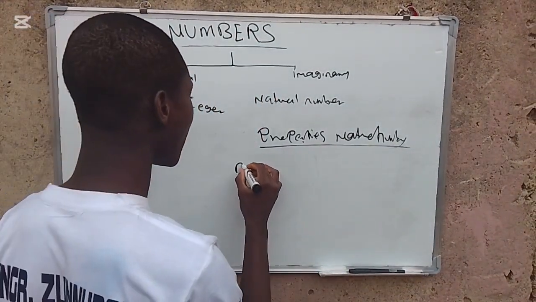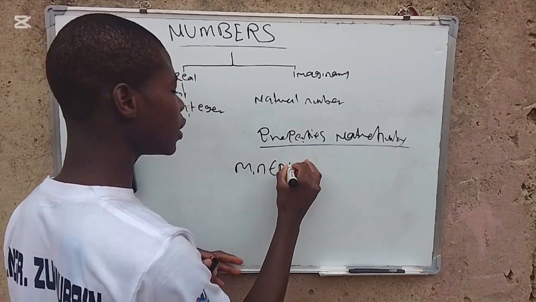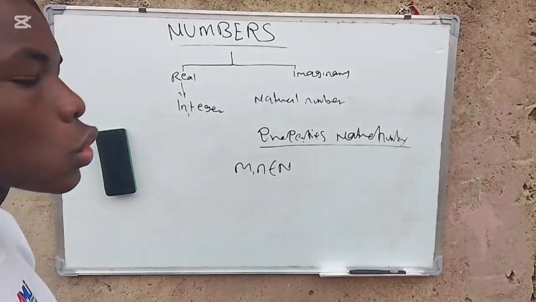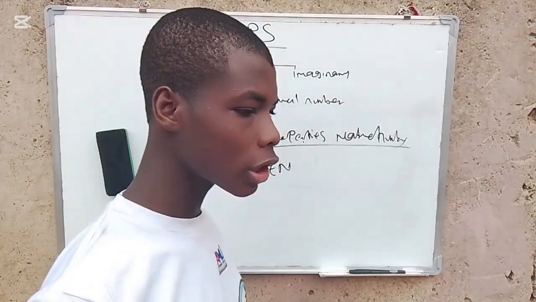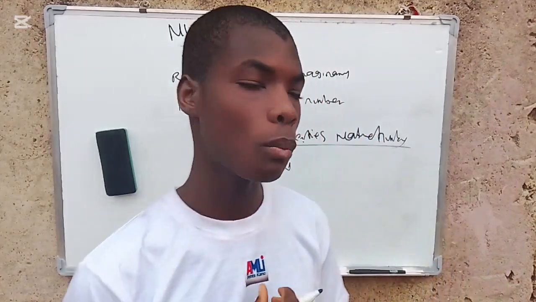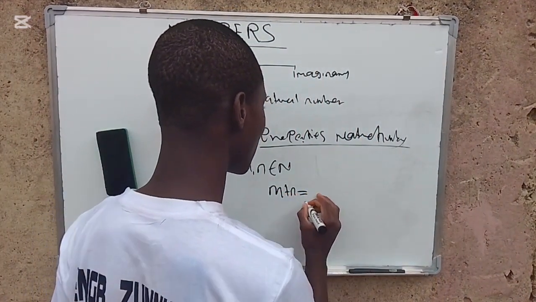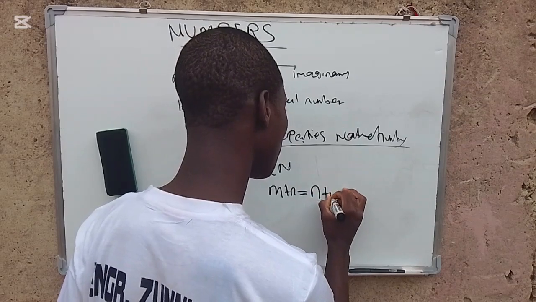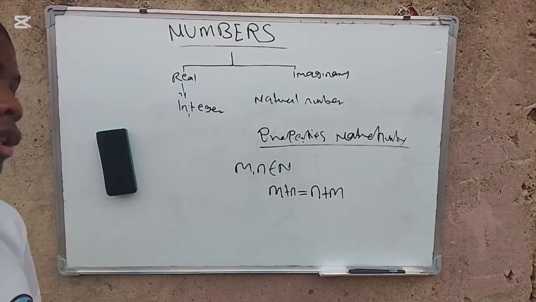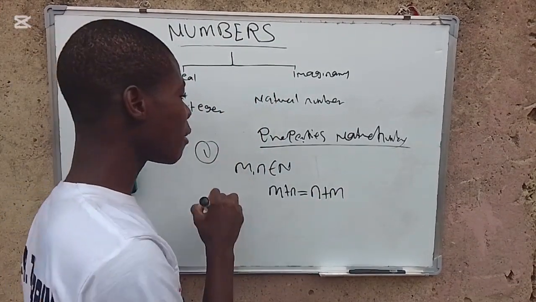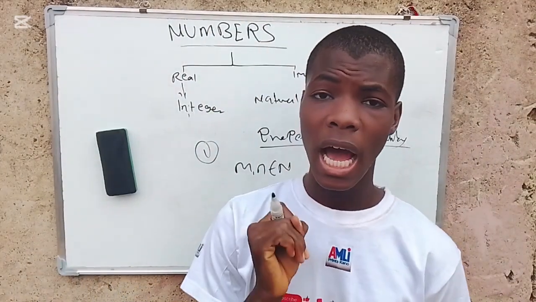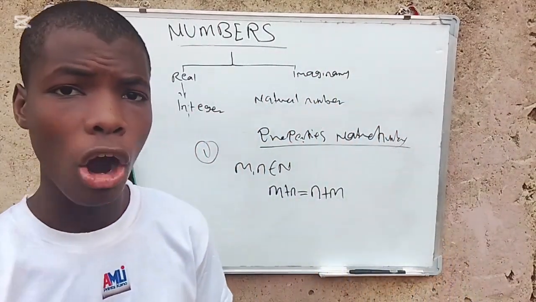Suppose m and n are elements of natural numbers. What do I mean by addition and multiplication being commutative? It means that m plus n is the same thing as n plus m. This is the first property of natural numbers: addition and multiplication are commutative.